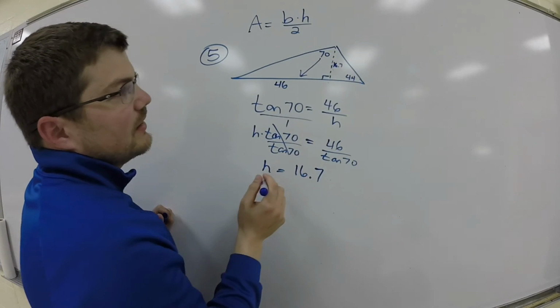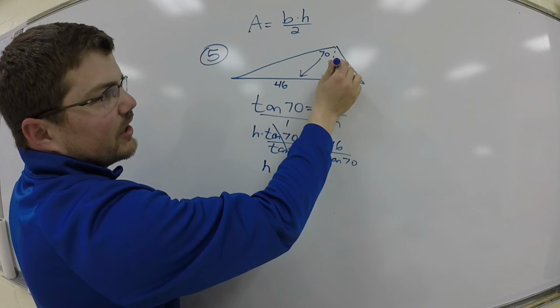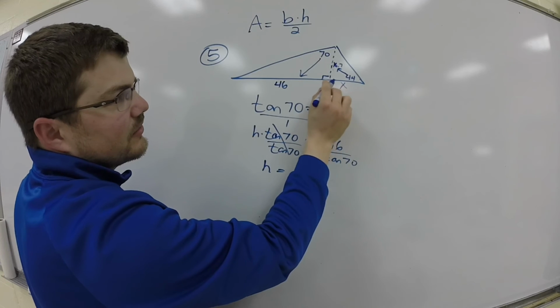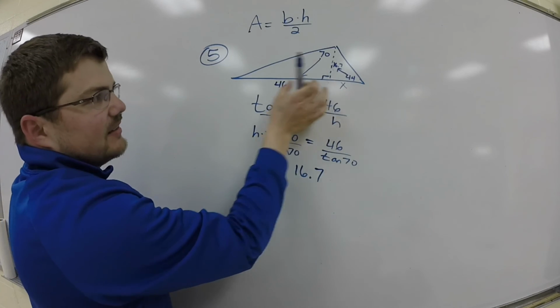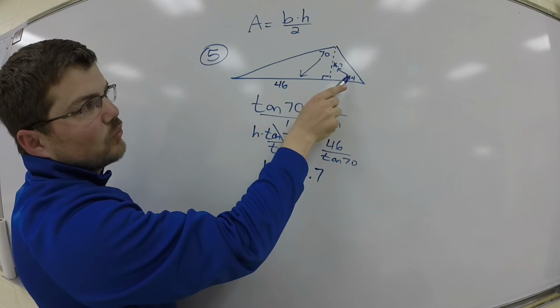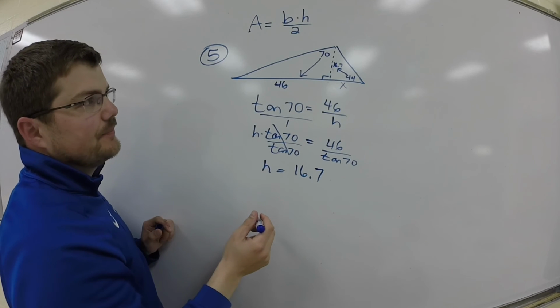All right, now let's move over to this right triangle, and we're going to find this missing piece from here to here, and we'll add that to 46 to give me the base of the triangle. And so we have opposite, and we're finding the adjacent, so that's tangent again.